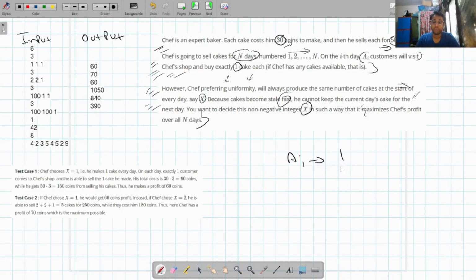So Chef wants to maintain uniformity while producing the same number of cakes at the start of every day, let's say X. So you have to decide this X. What should this X be, so that Chef's profit is maximized? He cannot make the next day's cake today itself because, as you know, that cake stales fast, right? So we have to decide this X. What could be this X? And you remember our constraints were till 100. So we can go for brute force for this.